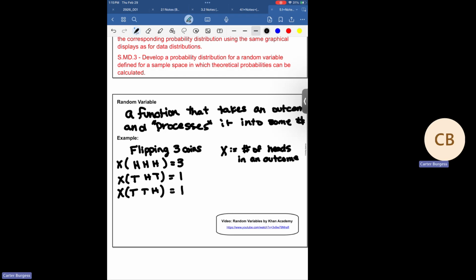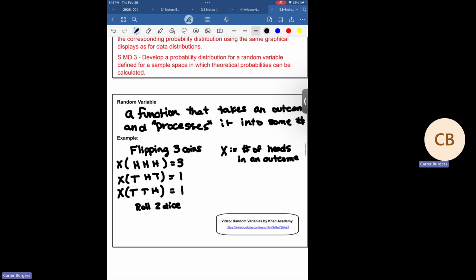Okay. We could have also defined a random variable that looked at the number of tails and run each of our outcomes through that random variable, and you'd get different numbers. And that's okay. You'd have different values for different random variables. You might even have different probabilities for different random variables. Totally fine. We could look at another one. For instance, let's say maybe that we're rolling 2 dice.